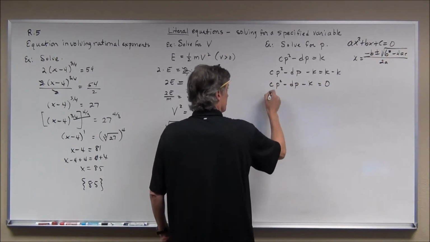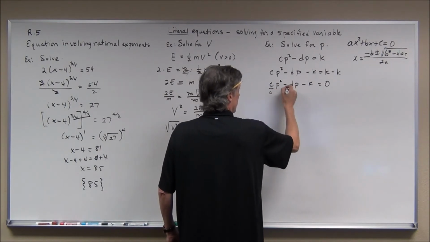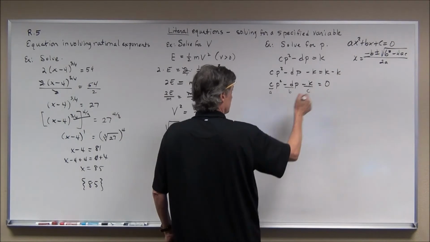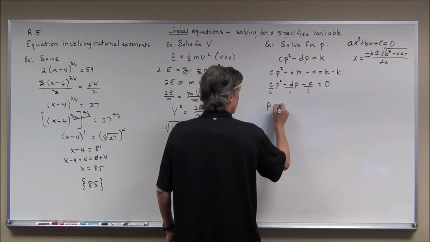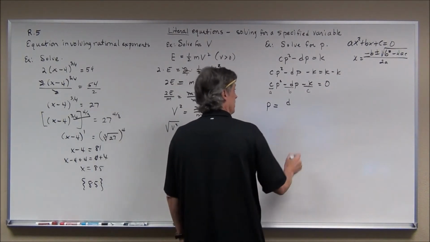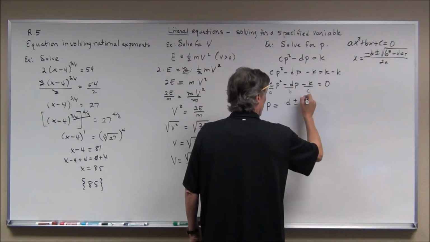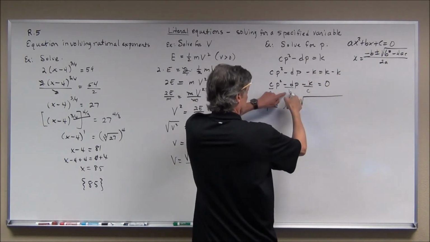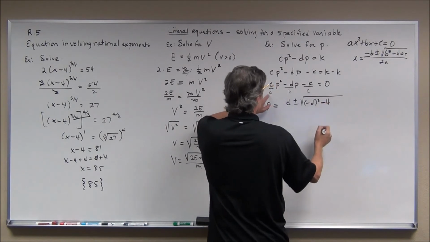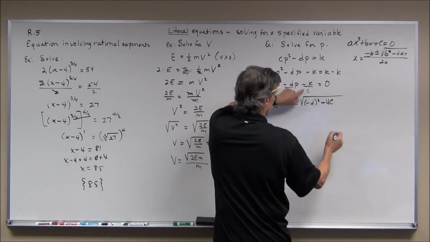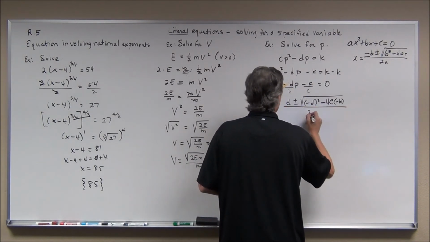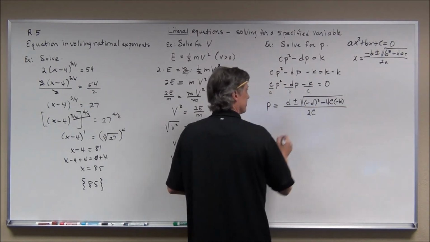Well, this is my A, this is my B, and this is my C. I'm going to plug right into that formula, but not x equals, my variable is p. p is equal to the opposite of B. The opposite of d is d, plus or minus the square root of B squared, so that'd be the opposite of d squared, minus 4 times A, which is c, times C, which is the opposite of k. What a mess. All over 2 times A, which is c.